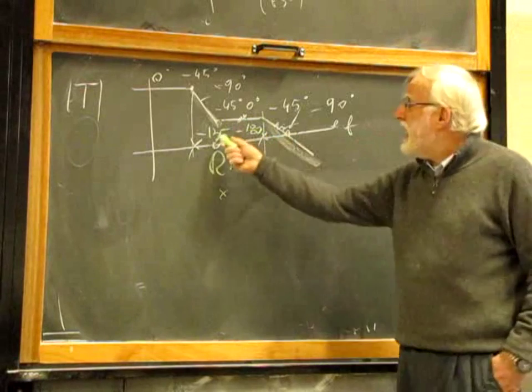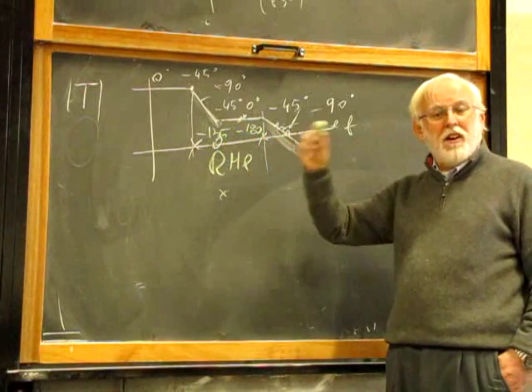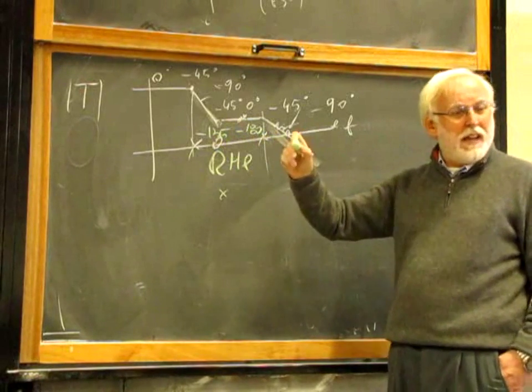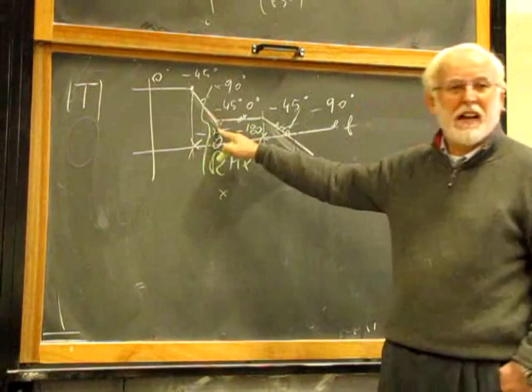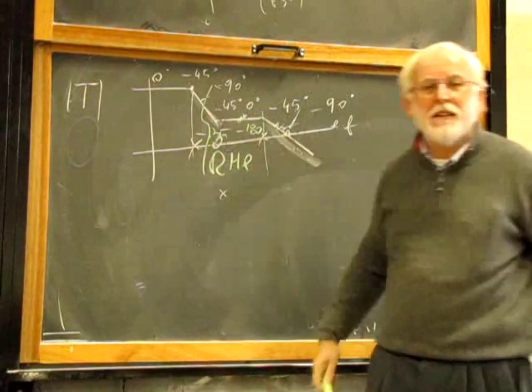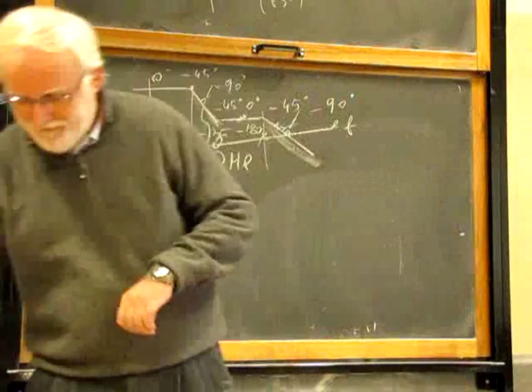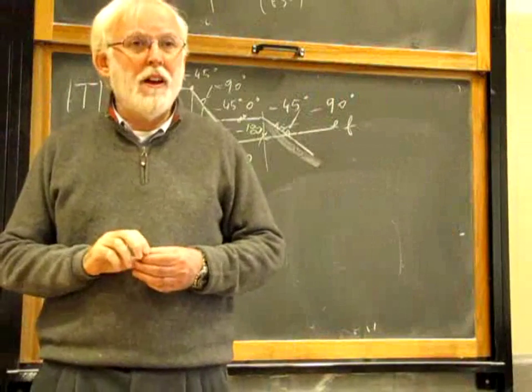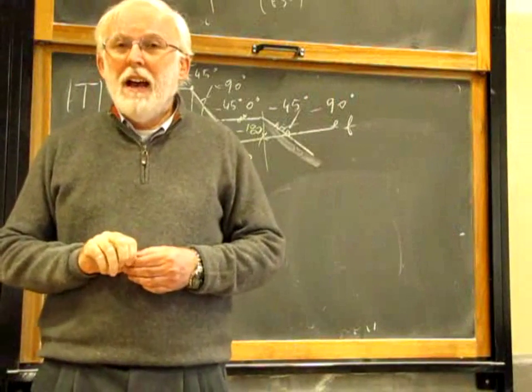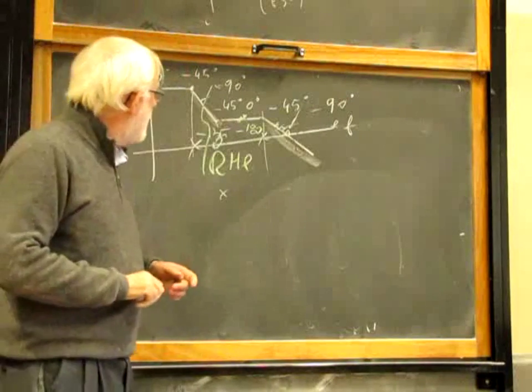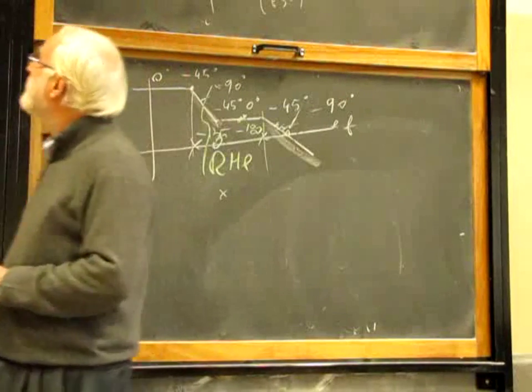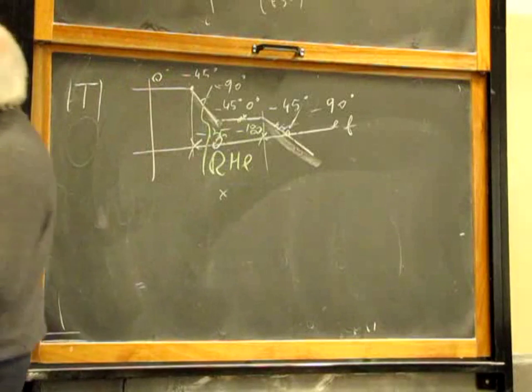So, if we have a right half-plane zero, the only way to get stable is to cross over before the right half-plane zero. Nothing else that you can do. Okay? And so, my right half-plane zero has this frequency.